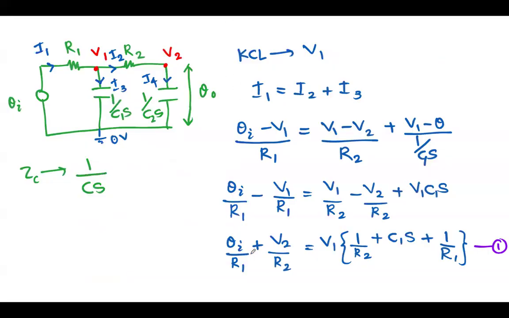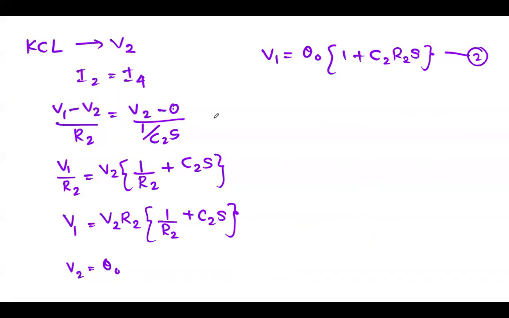When we consider the first equation, the unknown terms are V1 and V2, where V2 is equal to theta naught. We can substitute this V1 value into the first equation.